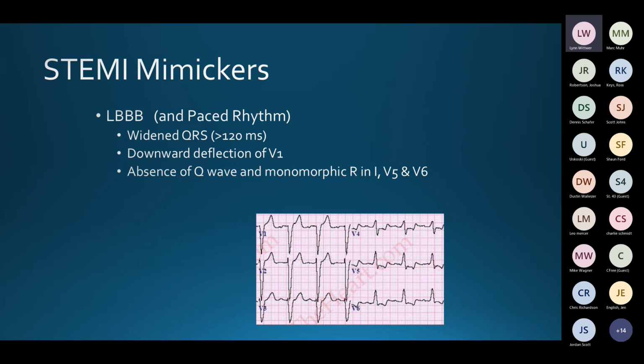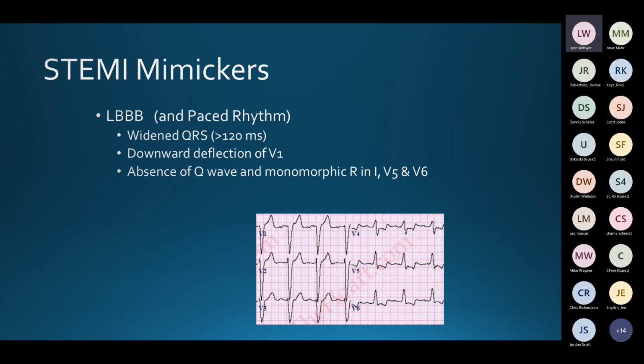And in the case of a left bundle, remember that in V1, the primary QRS wave is a downward reflection and a deep S wave. It's a deep and wide S wave. That is characteristic of your left bundle branch block.